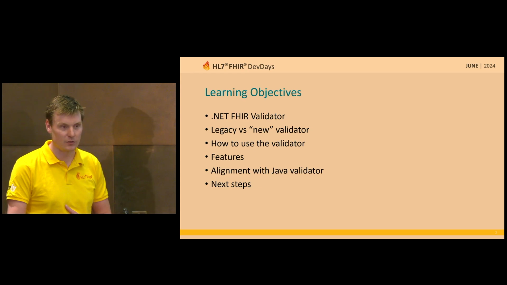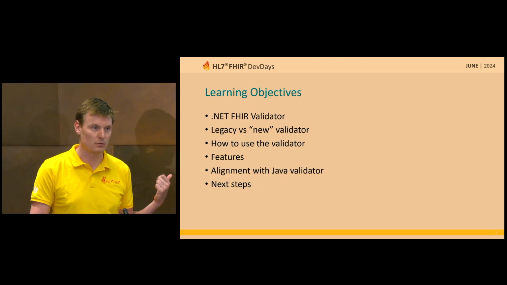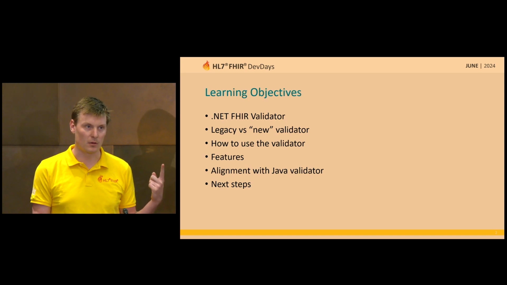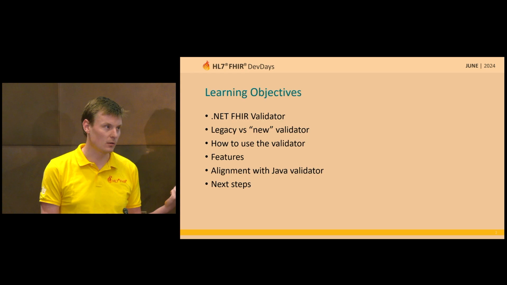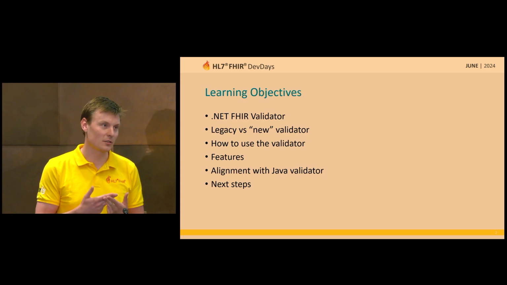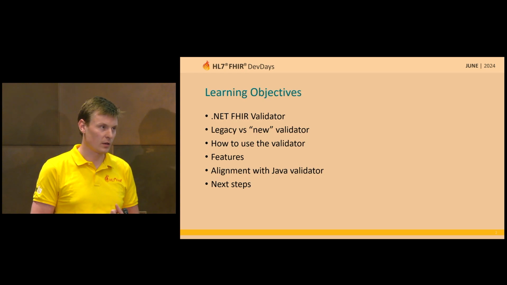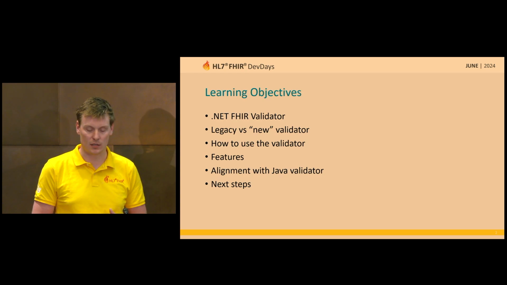Learning objectives of today are, first, I'm going to talk to you about what the .NET Validator is supposed to do, what it is. Next up, we have an old library as well. We call it the legacy now. I'm going to talk to you about the differences between the two. Then we're going to show some code, how to use it, how to set it up.